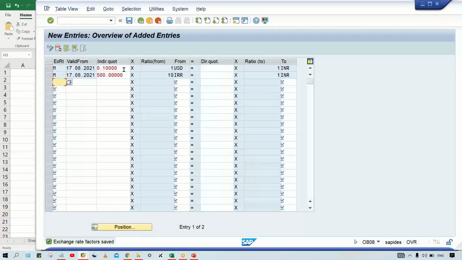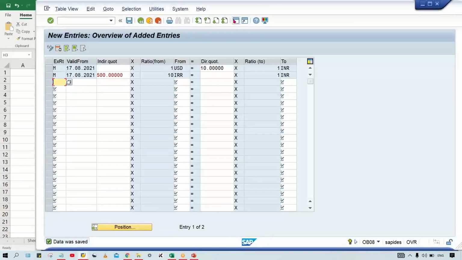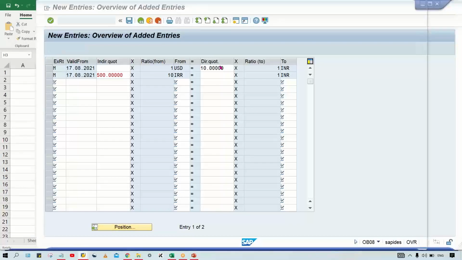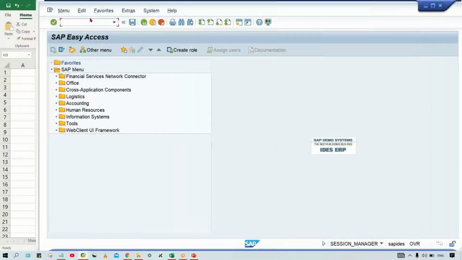Okay. So either you specify in this way or you specify, look at here, 1 USD equals 10 INR. Save it. Let me check it. We'll post a transaction and we'll see whether the system is going to consider this one or not.